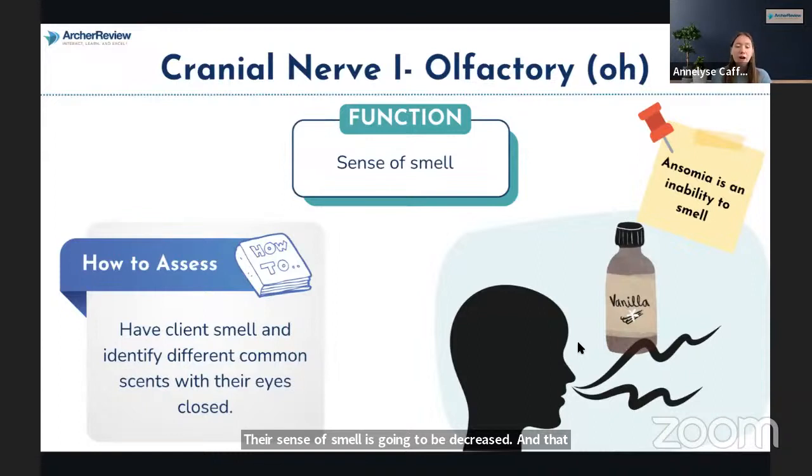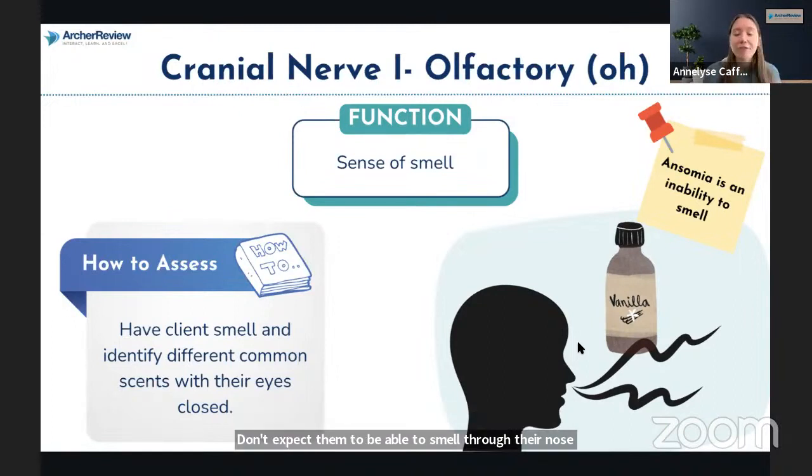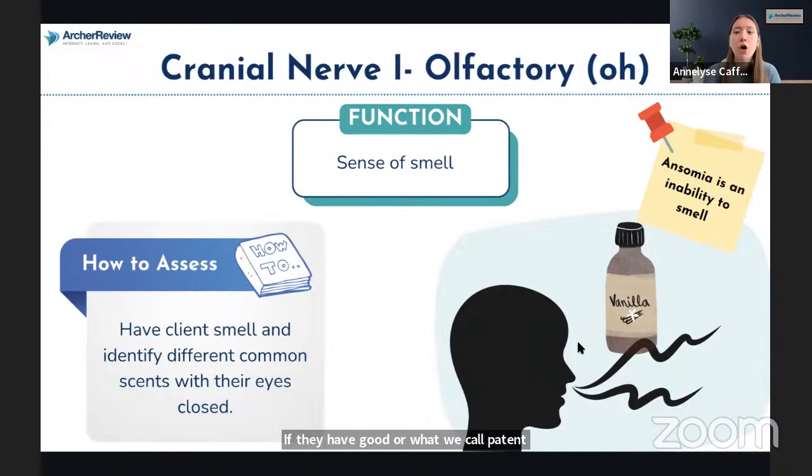So if you already know that they're in the midst of a really brutal cold during cold season and they can't breathe through their nose, don't expect them to be able to smell through their nose. They can't even really get air in there. If they have good, or what we call patent, nares, so they can breathe through their nose and they can't smell, that's when you would start to be concerned about an issue with cranial nerve 1.